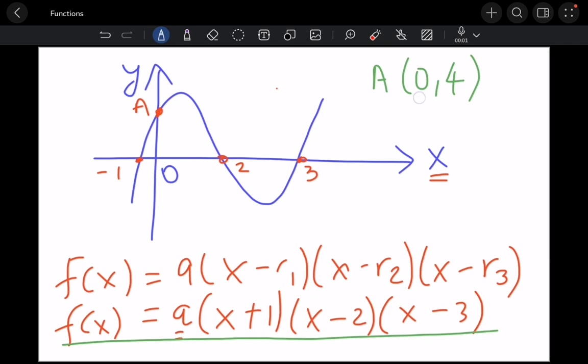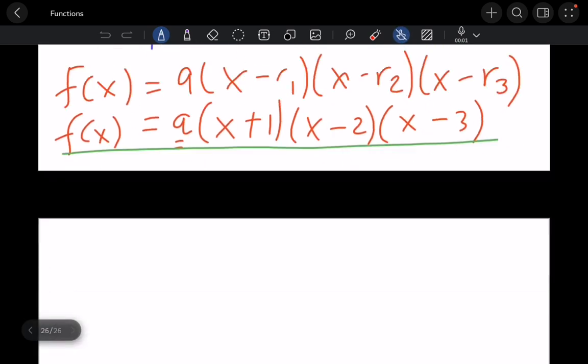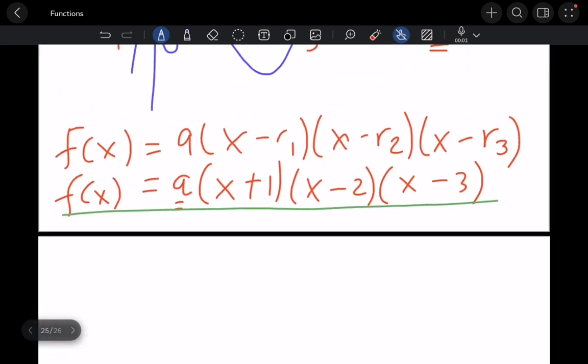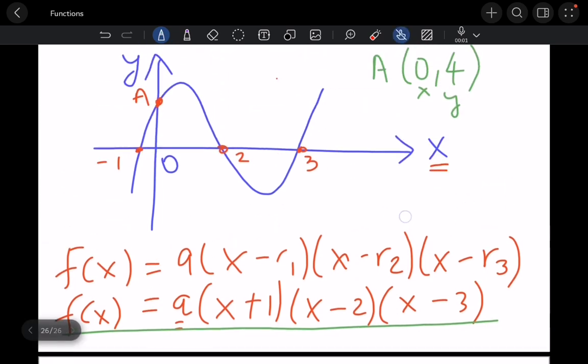So we're going to say x and y. We know that our y is going to be 4, and our x is going to be 0.